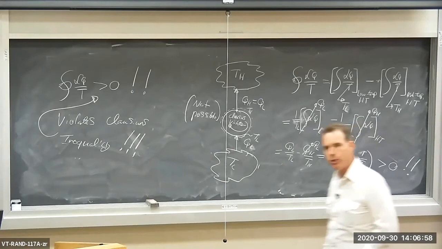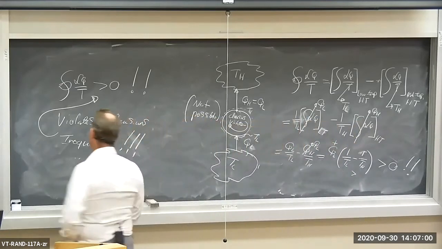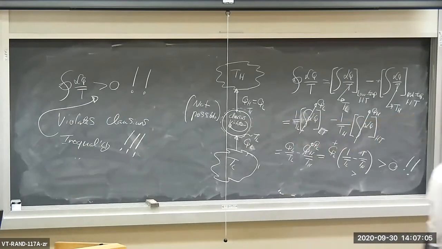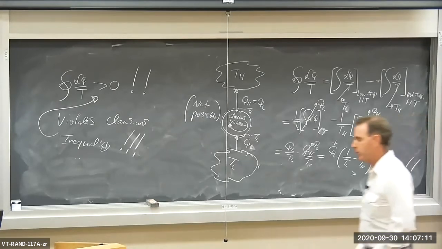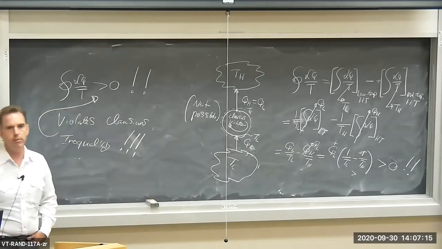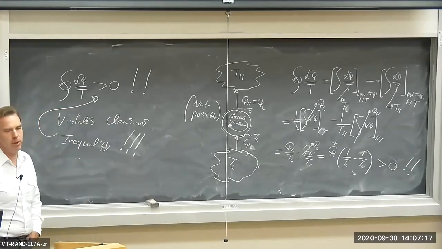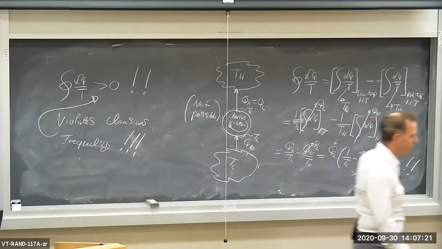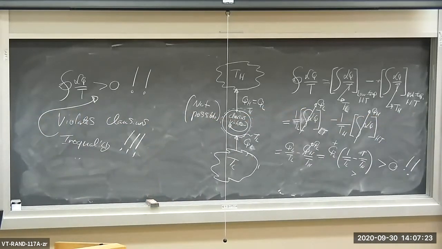That's pretty easy to do. There's only one heat interaction. You'll get Q over T, where Q is positive and T is positive, so you'll get a single heat transfer term, and this cyclic integral will be positive, which is a violation of the Clausius inequality.